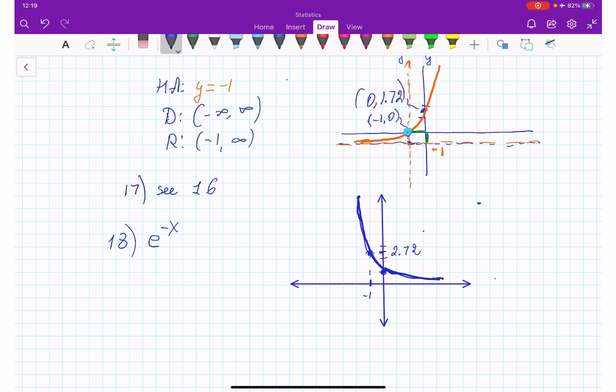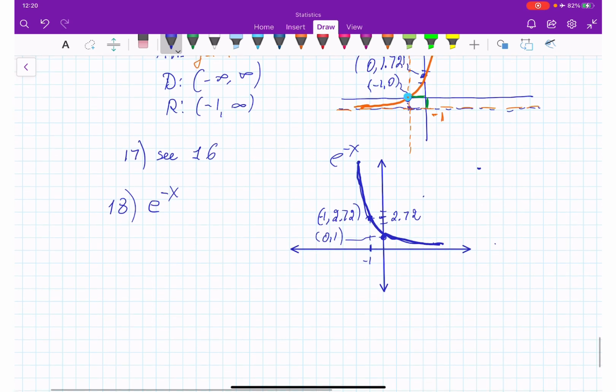So this point is negative 1 and 2.72. And this is 0 and 1. And this graph is e to power negative x. So it reflects about the y-axis, right? Because e to power x would go like this.